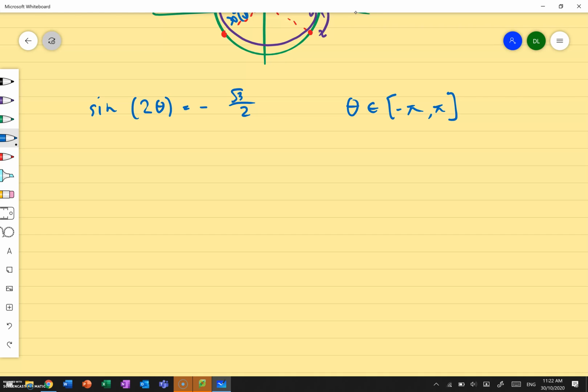It's just a different way of writing domain. It's saying theta has to be a part of negative pi to pi. So if I'm saying that in degrees, what's the domain? Negative 180 to 180.